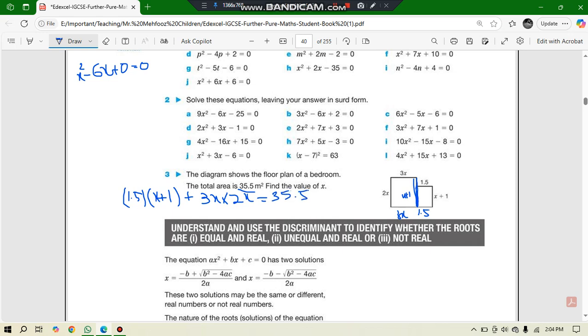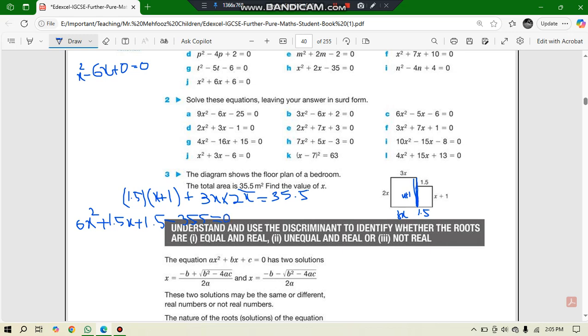35.5, right? So in the simplified form of this expression, 3x multiplied by 2x becomes 6x square plus 1.5x plus 1.5, and this 35.5 goes to the other side and is subtracted, so you can write it as plus 1.5 minus 35.5 is equal to 0, right?